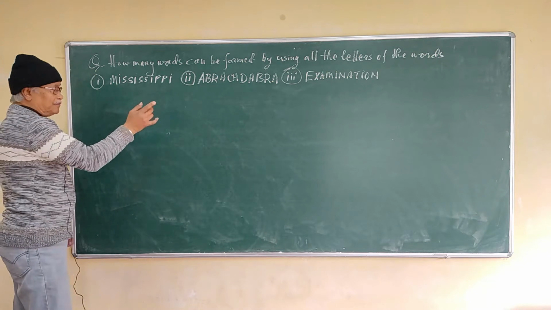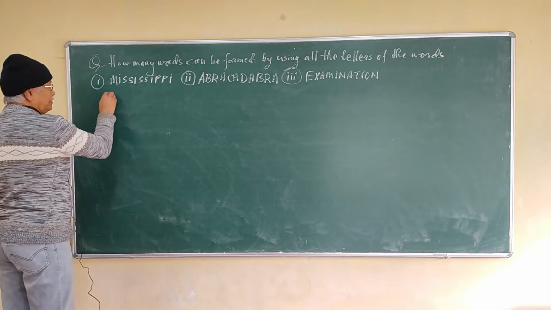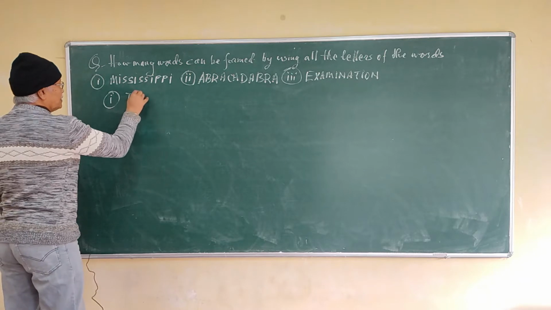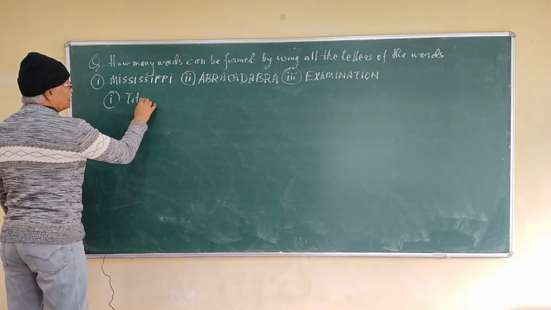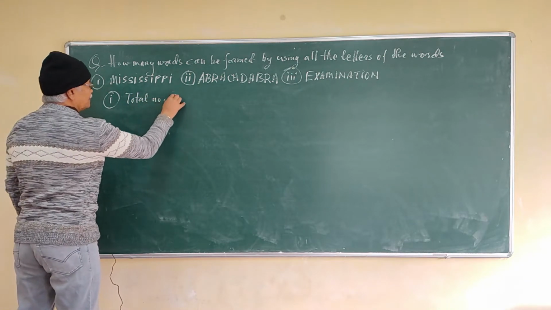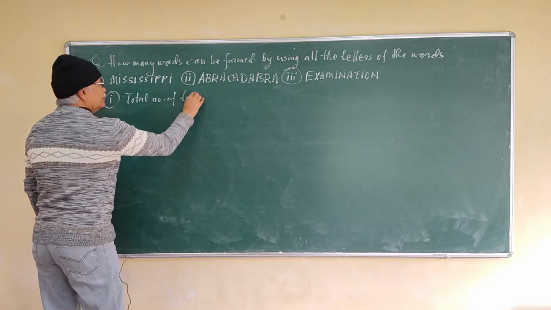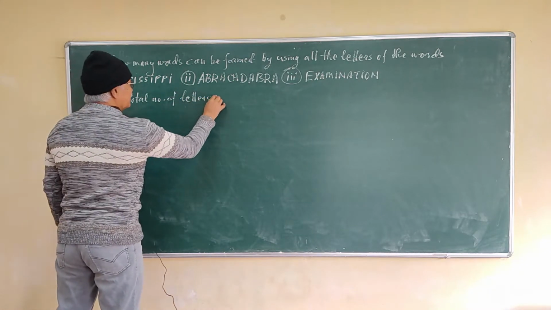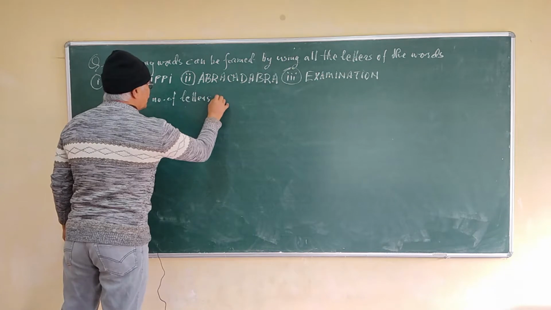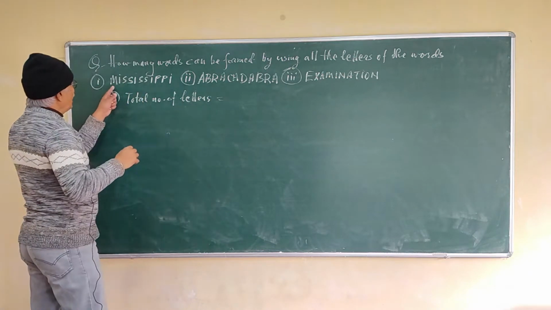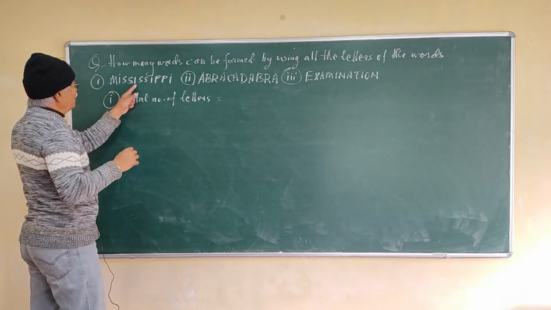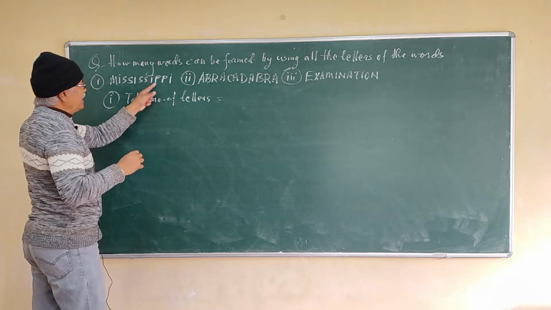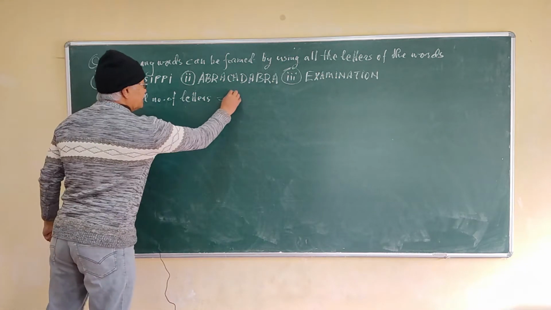Say number 1, total number of letters. You just count it. How many are there? 1, 2, 3, 4, 5, 6, 7, 8, 9, 10, 11.